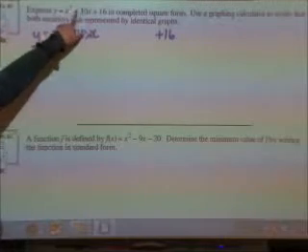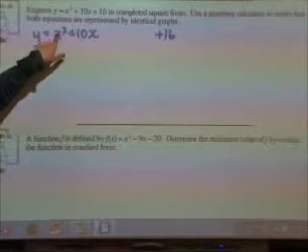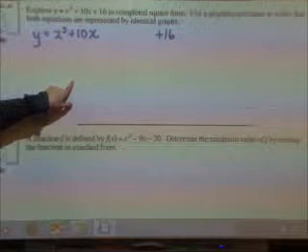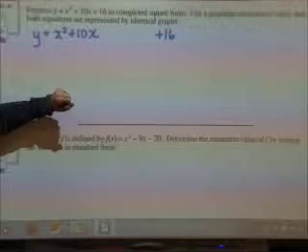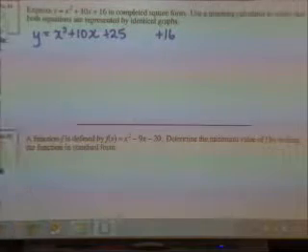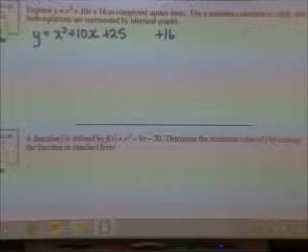How do I complete the square with x squared plus 10x? I take half of 10 and I square it. So what's half of 10? 5. Square it. Now if I add 25 to this equation, have I changed the value of the equation? Because I added 25. So how can I cancel out that value?